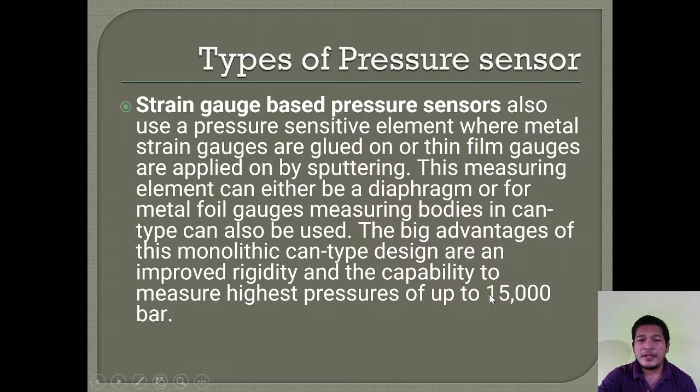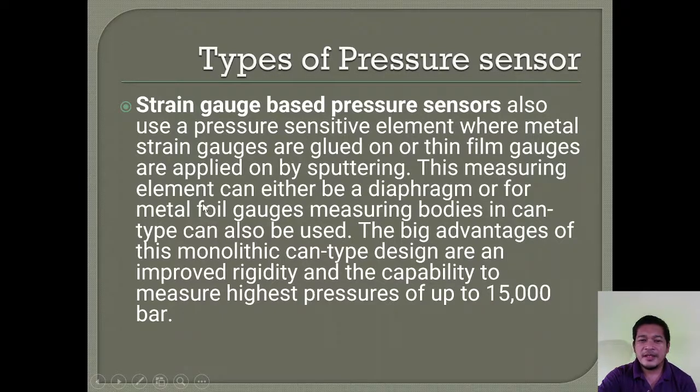Then we have here types of pressure sensor. The first type of pressure sensor is the strain gauge based pressure sensors. They use a pressure sensitive element where metal strain gauges are glued on, or thin film gauges are applied by sputtering.